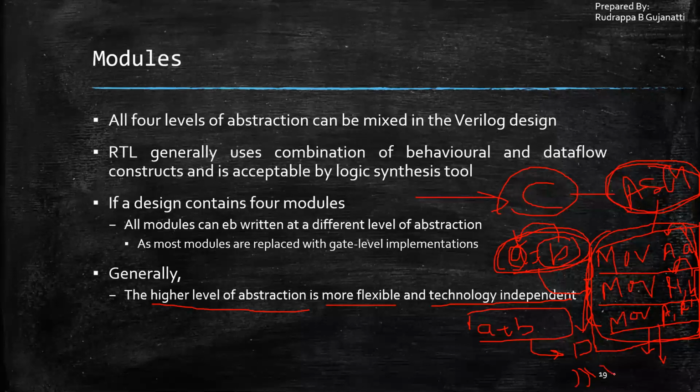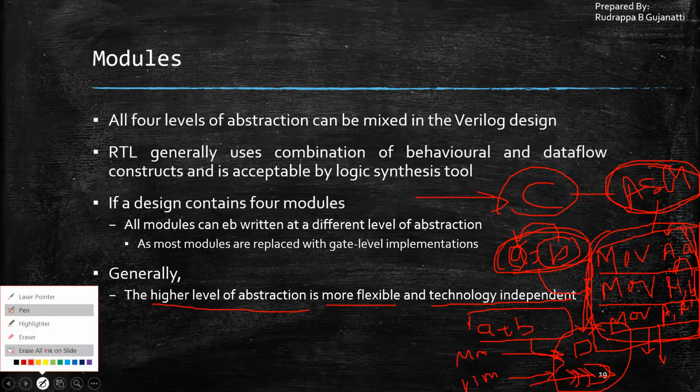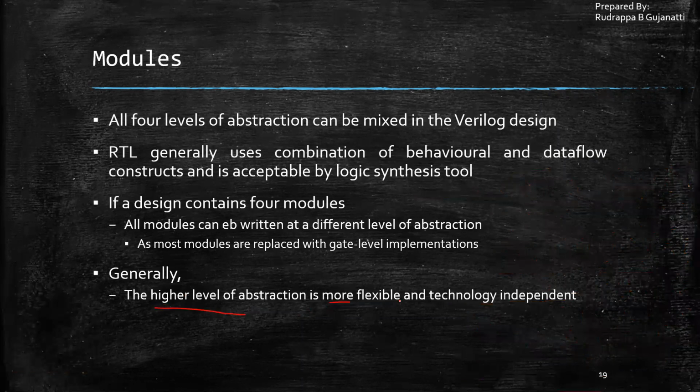How these gates are designed, on what technology they are designed, you're not bothering about this. Whether you are using nanometer or micrometer to build these gates, you are not bothering about that. So a higher level of abstraction is more flexible and it is technology independent.